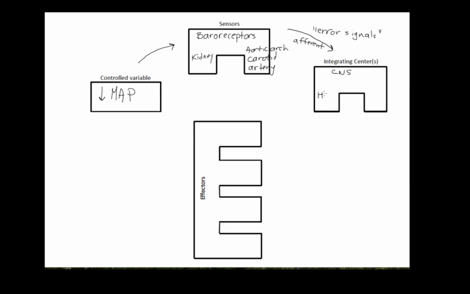One is the hypothalamic posterior pituitary axis, and the other is the cardiovascular control center, which is in the medulla oblongata. So CVCC equals cardiovascular control center, and that's in the medulla oblongata, which is part of the brain stem.